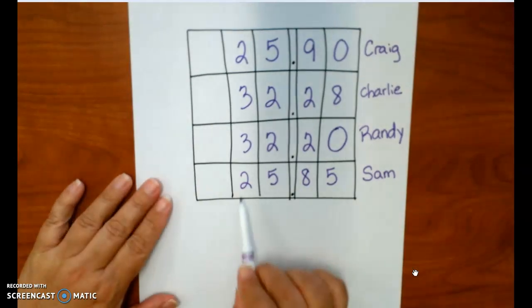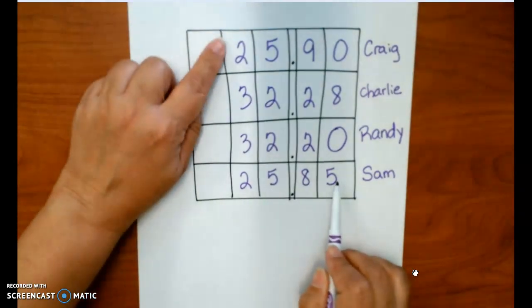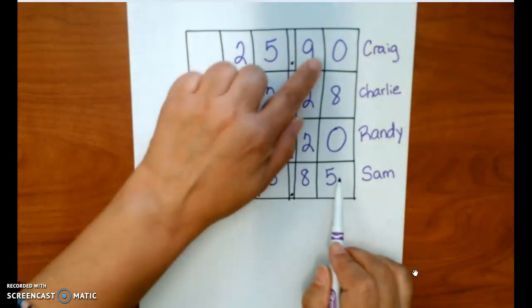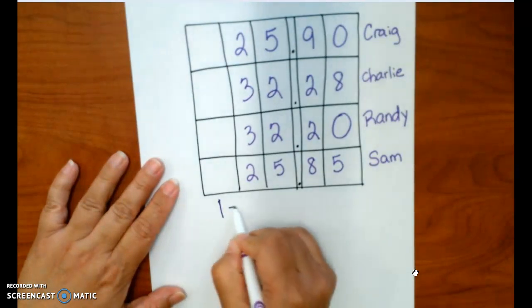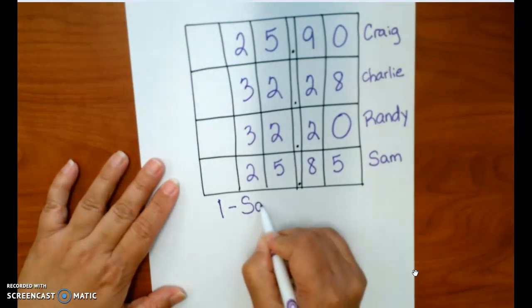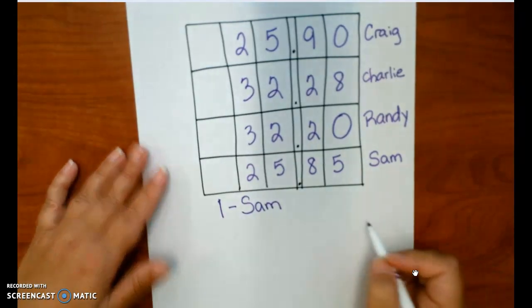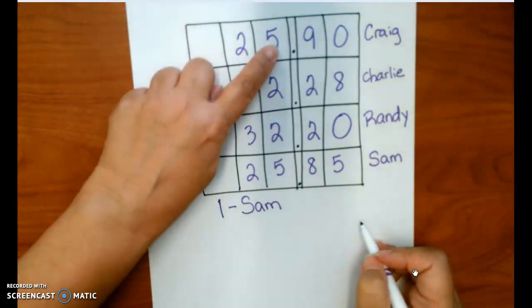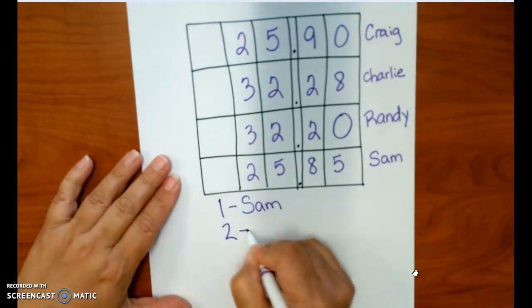Well, 25 and 85/100 is smaller than 25 and 90/100. So, Sam got first place. Who got second place? Well, I have another 25 and I have 9/10 or 90/100, and that was Craig.